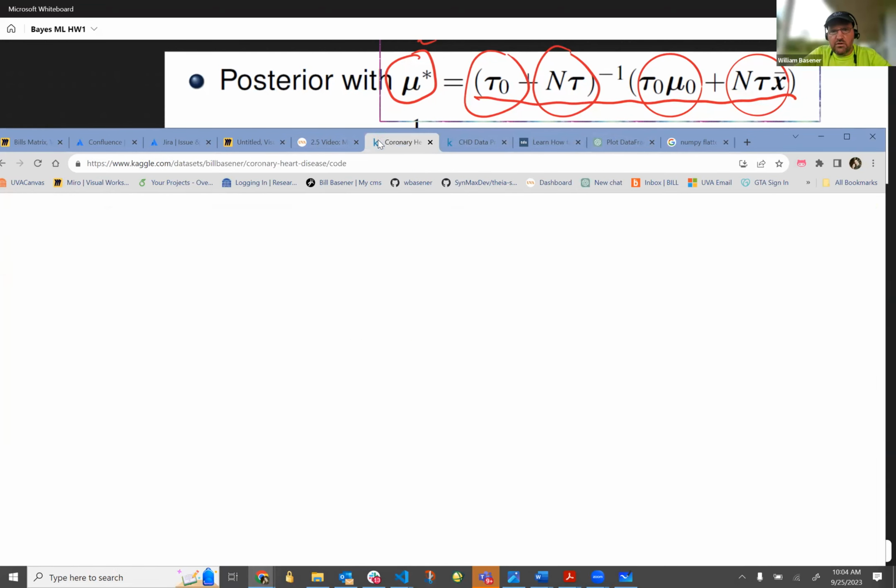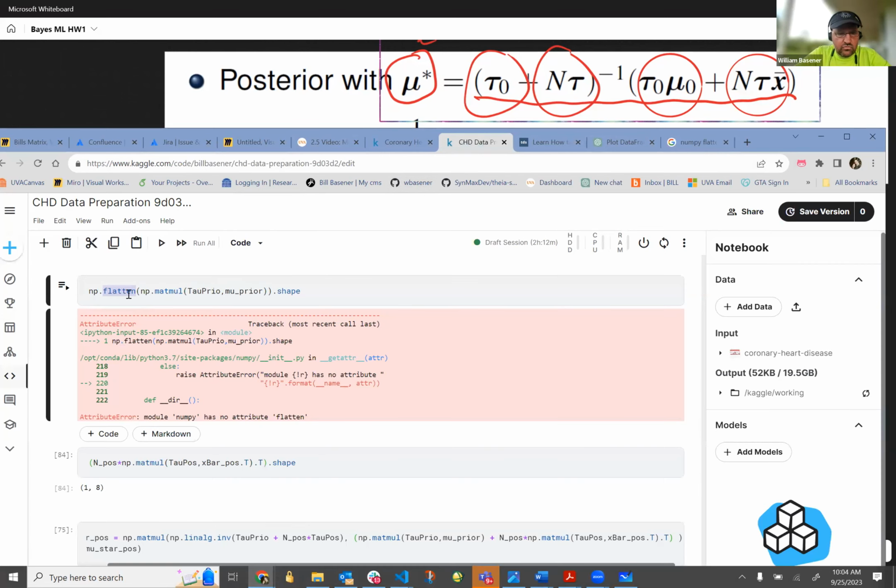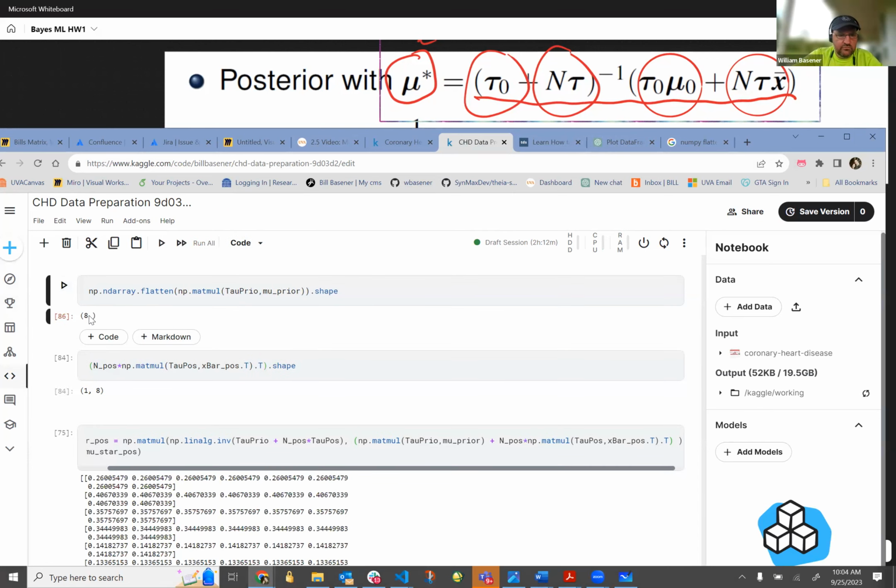Okay, so numpy.ndarray.flatten. So it flattens the array. It kind of takes away the dimensions, or any excess dimensions. So let's see if that will make them both the same, and I probably don't need this transpose if I do that.